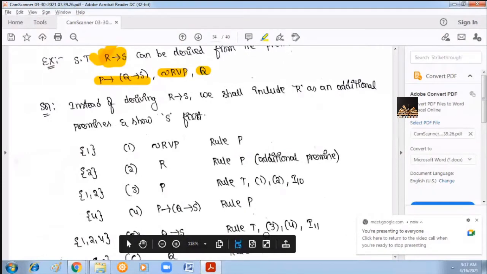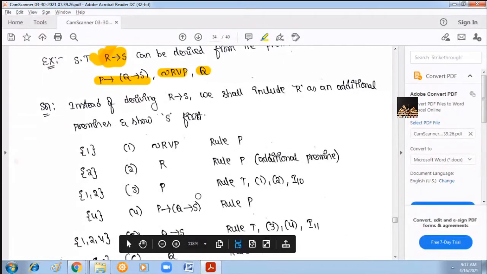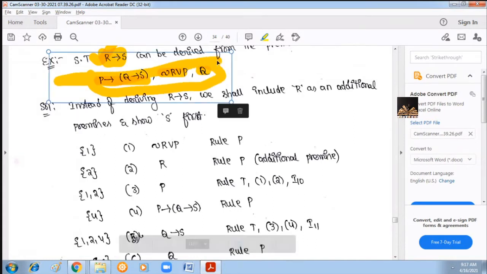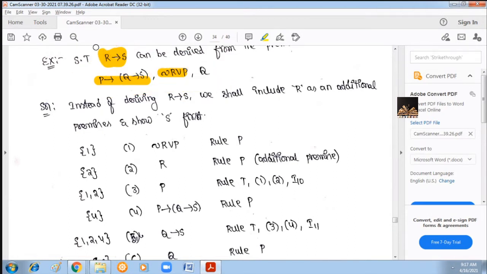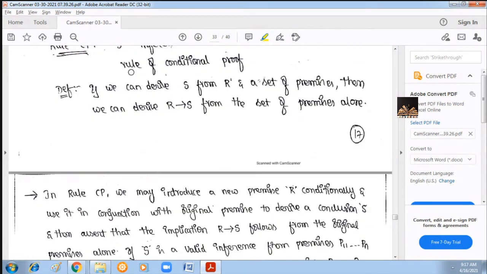If you are able to prove that S is derived from this set of premises, then R implies S is also derived from the same set of premises using rule CP. Am I clear, ma?